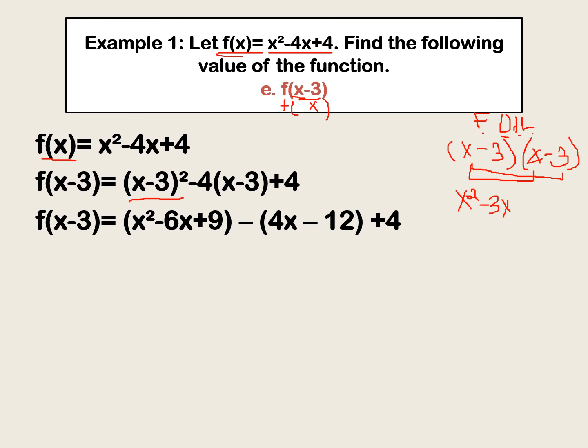Okay? Then, next tayo dyan. Next tayo would be inner. So, negative 3 multiplied by x. It would be negative 3x.